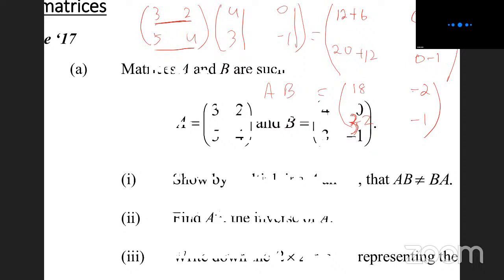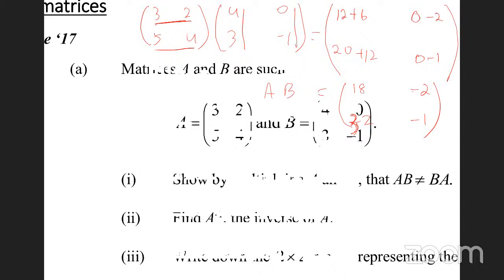It's 3, 2 by 4, 3. So that's not supposed to be 0 and 4? Yeah, correct. Negative 4.